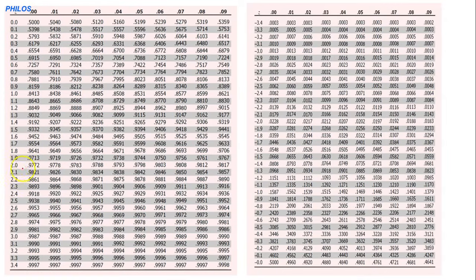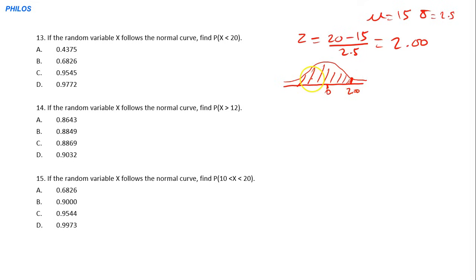But you are checking 2.00, so 0.9772, which means to the left, isn't it? But according to this question, we also want area to the left, so meaning we've gotten it straight. So the answer is D, 0.9772.